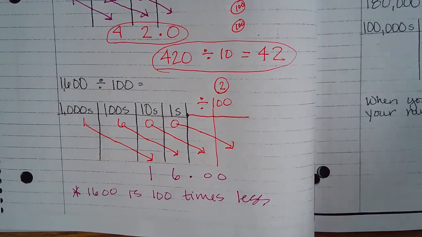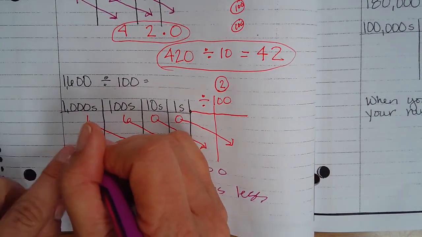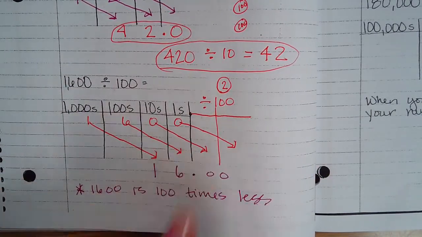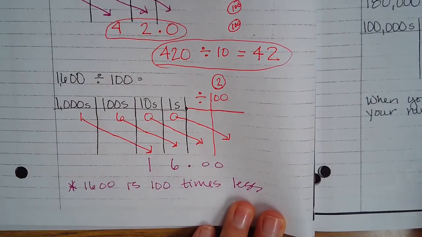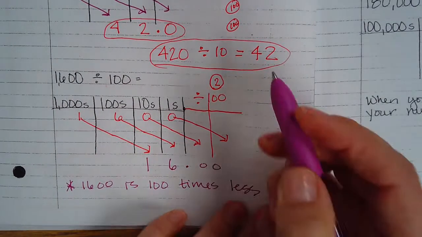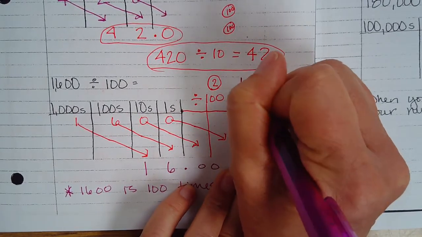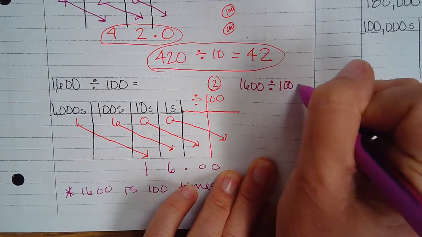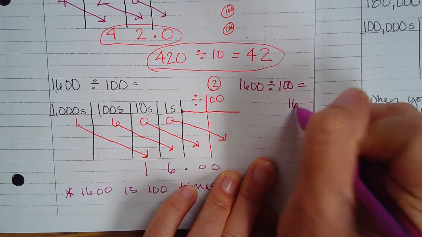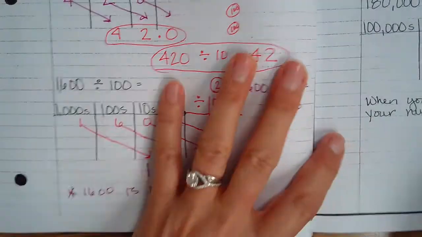So you could do it by putting little discs in here and moving the discs if you want, or you can just use the numbers. It's up to you. So let's write the equation. 1600 divide by 100 equals 16. Yes? All right, here we go. Moving on.